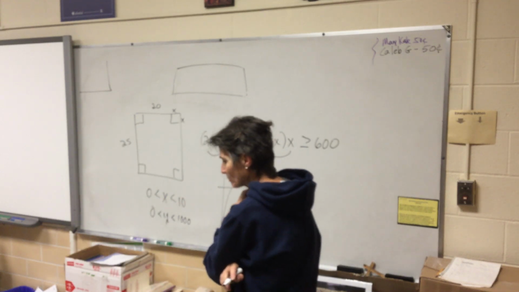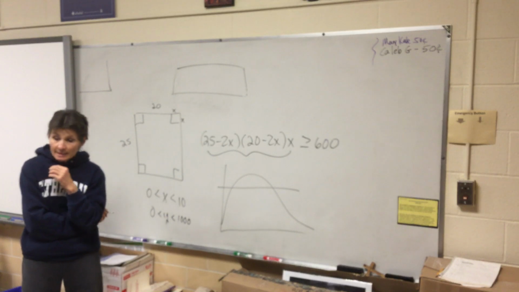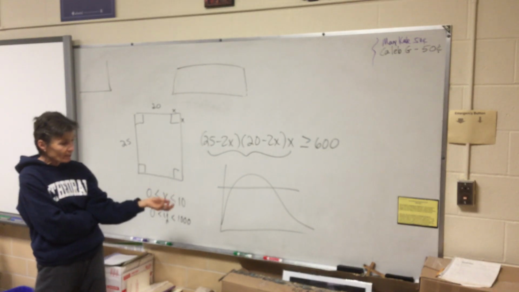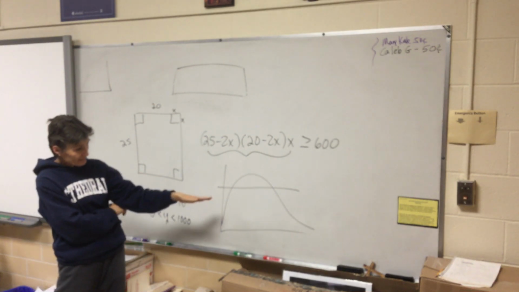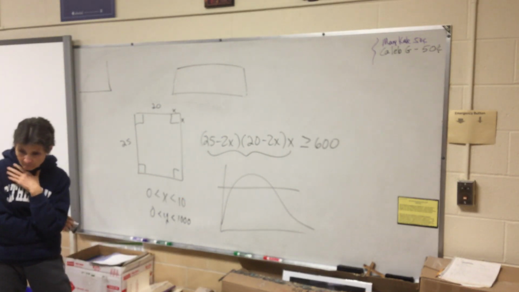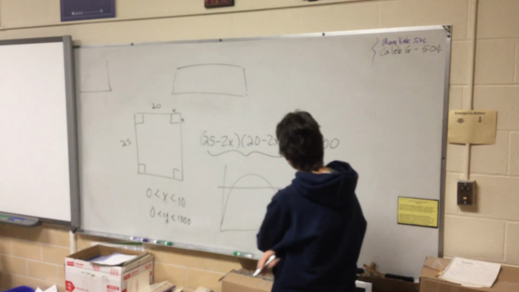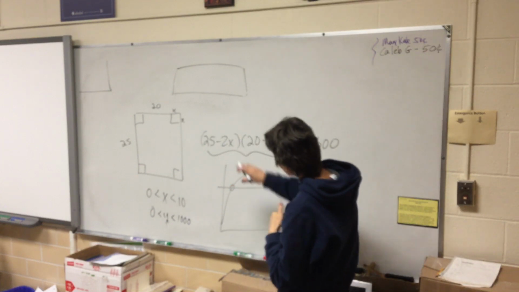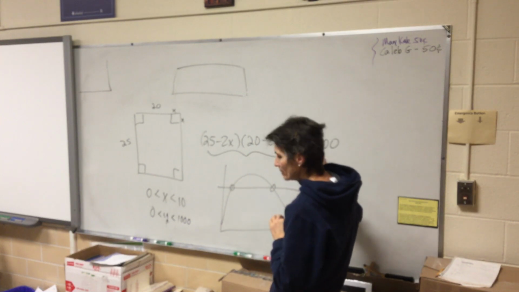Does anybody have a question about that? Are you getting something similar? If you did it the way I did it. Obviously, if you did the problem differently, you're not going to get that same picture. But is everybody okay here? Now, we know because we've done this before that these are the two places where the volume actually is 600.